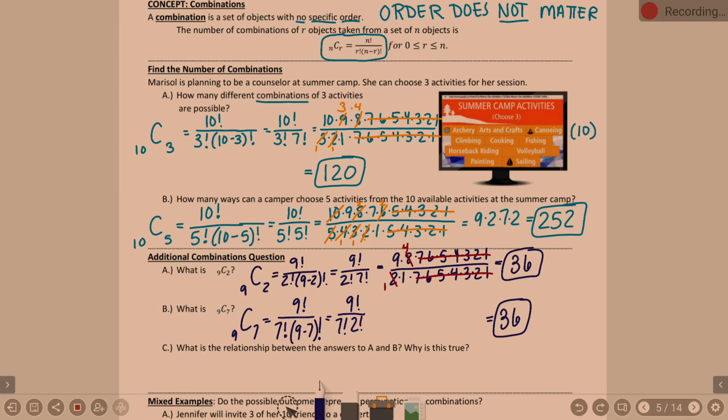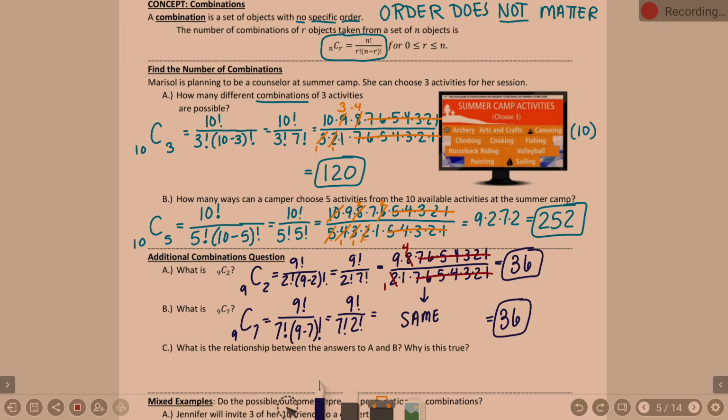This right here is the same. I'll put an arrow. That works out to be identical. It was just the order that it works out to be in there.